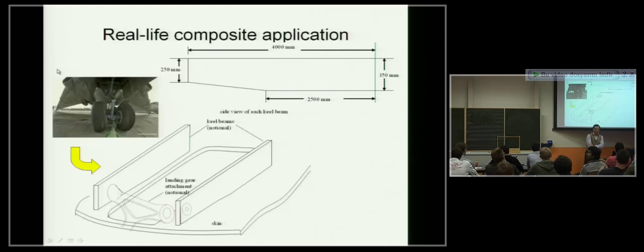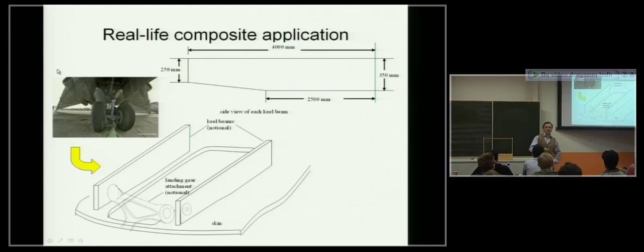The story is that you are an engineer, a young engineer, and your supervisor shows up and says, guess what? These keel beams that are on either side of the opening for the landing gear, which let's say are made out of some metal, will have to be redesigned because the requirements changed.